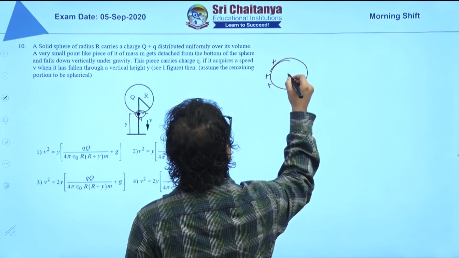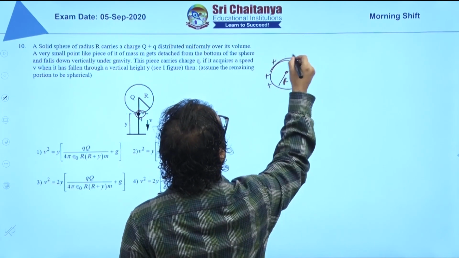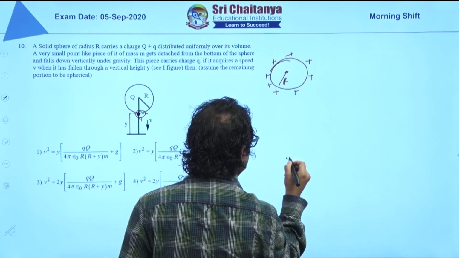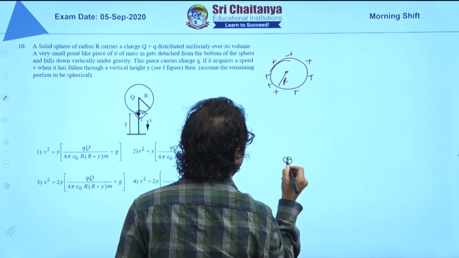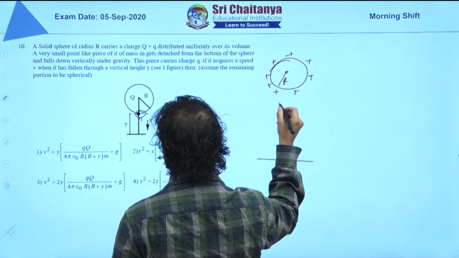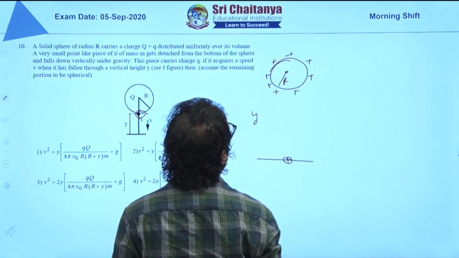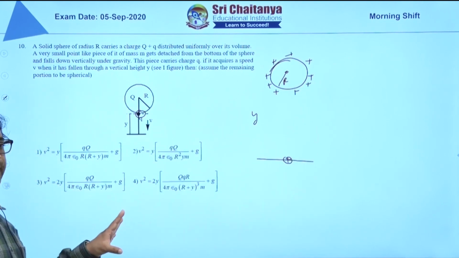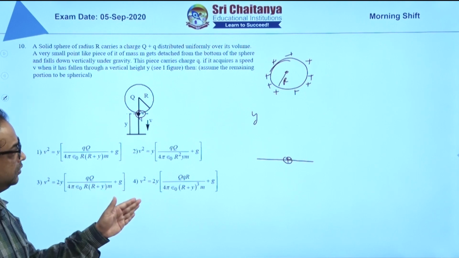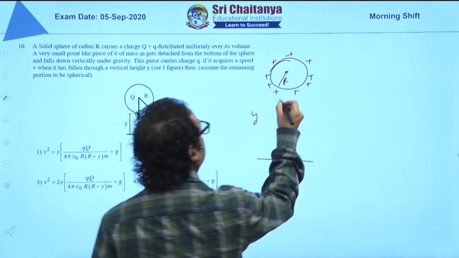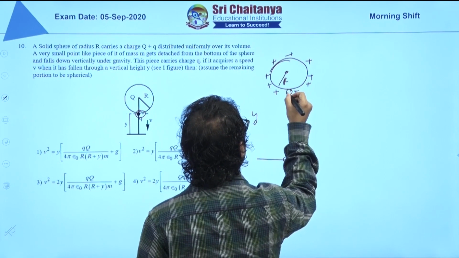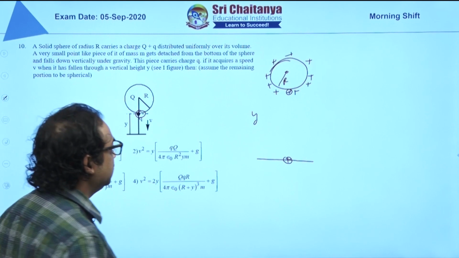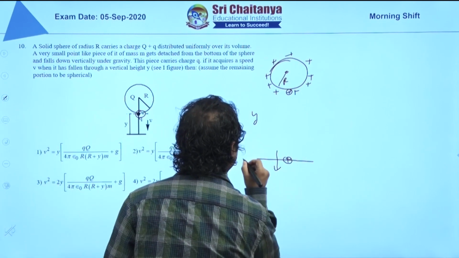Let us say this is the radius, and when it has fallen to a height, let us say y, then definitely in this system total energy will be conserved. Initially it was here, it has some potential energy, it does not have kinetic energy, but when it is here it has a velocity v.